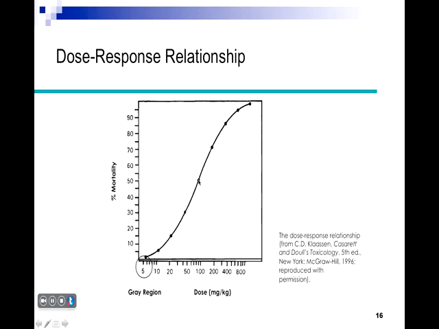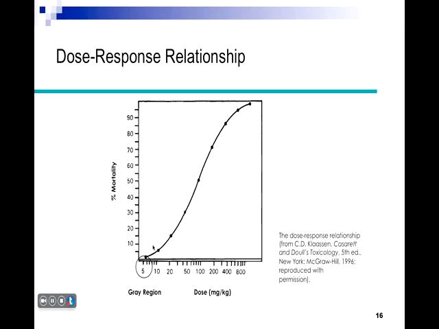So what you see with this is a population: at low doses, some are going to be susceptible. At mid-range doses, most are going to be susceptible, and at very, very high doses, eventually everybody's susceptible. And this is typical with a lot of toxicological relationships. It's typically not mortality. It could be many different types of parameters that are being studied, inhibition of liver enzymes or lung inflammatory responses.